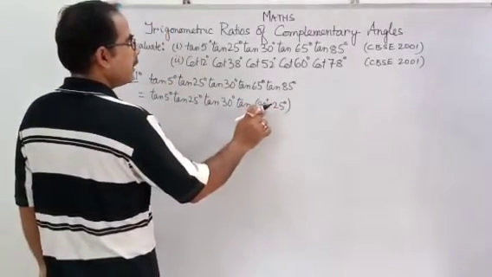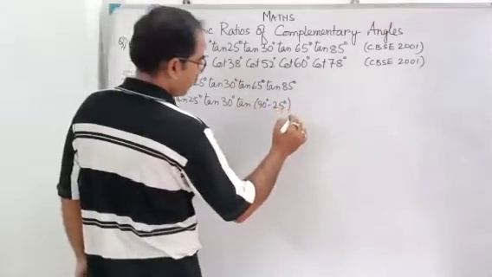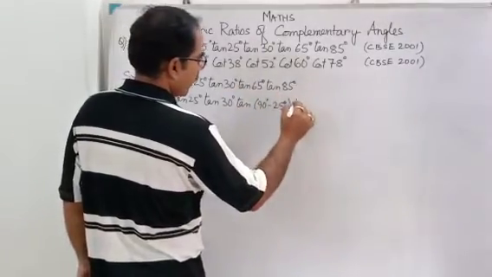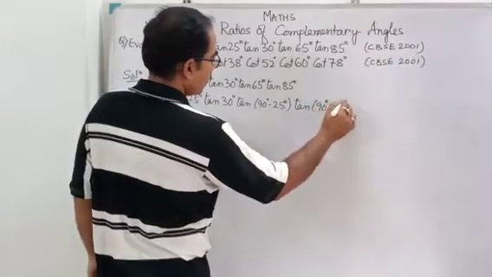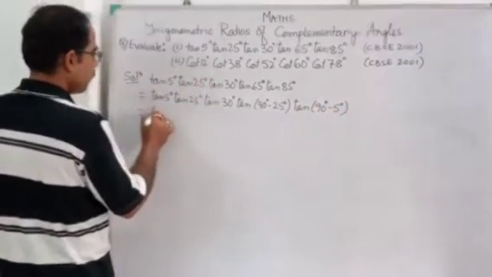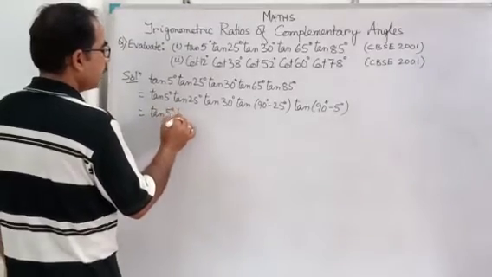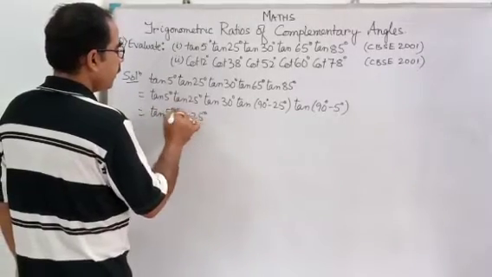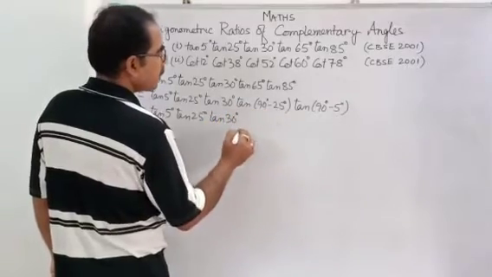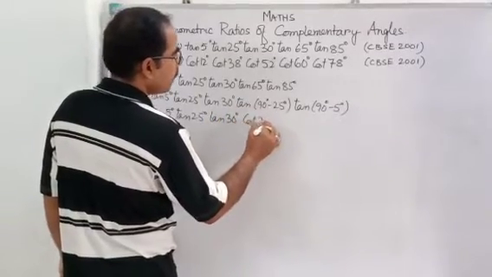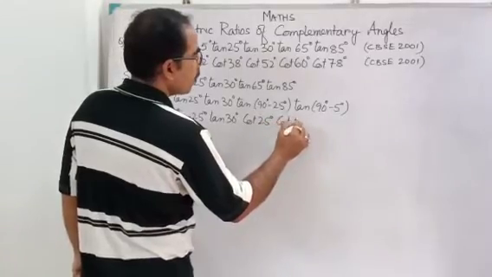Tan 90 minus 25 means 65 degree. And next one is tan 85 degree can be written as 90 minus 5 degree. So that is equal to tan 5 degree, tan 25 degree, tan 30 degree, tan 90 minus 25 means cot 25 degree, and here also cot 5 degree.